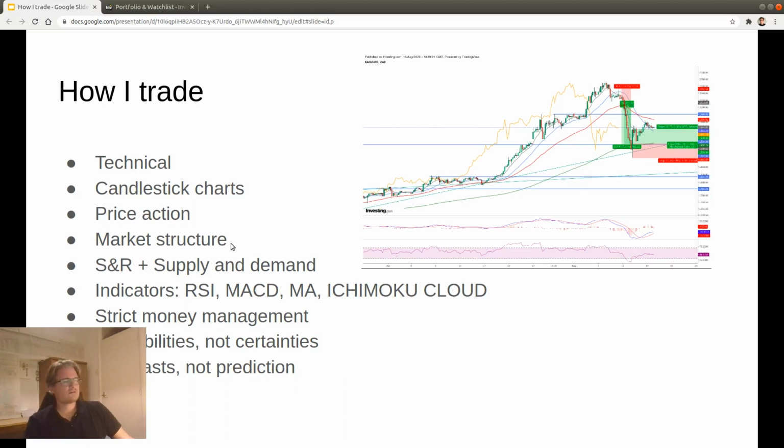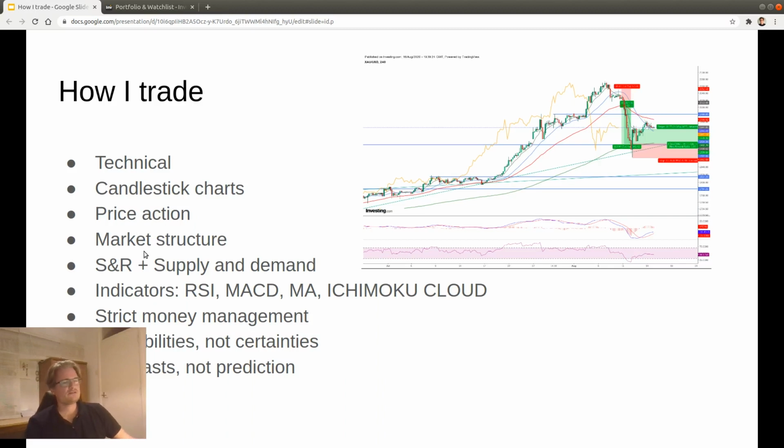So I'm looking at how the market behaves, if it's moving strongly or slowly, or if it's moving sideways or going up or going down. And I will make a video about market structure, what it means, how you can look at it. And so those are the most important things from top to bottom that I use: candlestick charts, price action, and market structure.